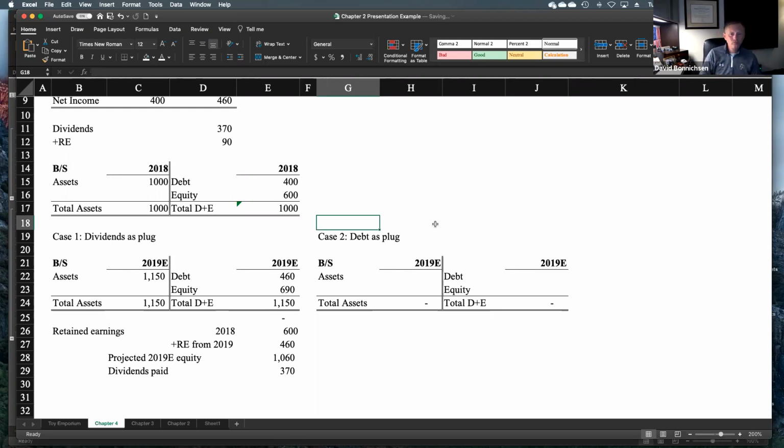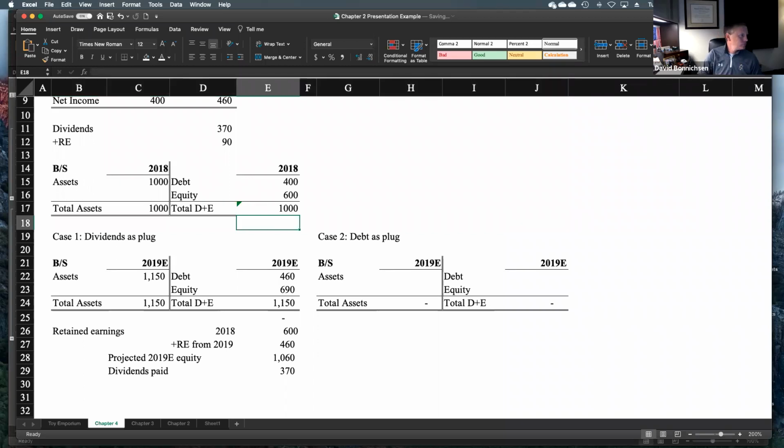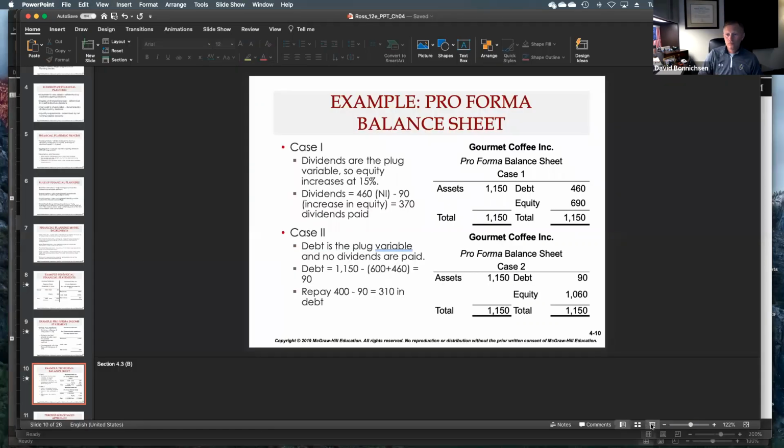So when we have our check-in exam on Thursday, I'll tell you what the plug needs to be. I'm not going to ask you to pick one, but you need to understand that management has different levers to use in order to force the balance on the balance sheet, to figure out whether they're going to take on more debt or use equity for that external financing required.